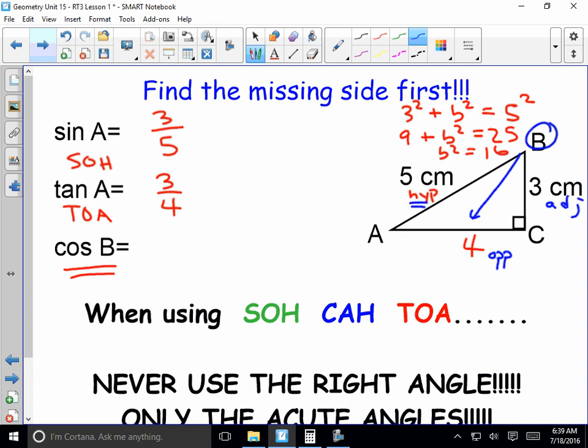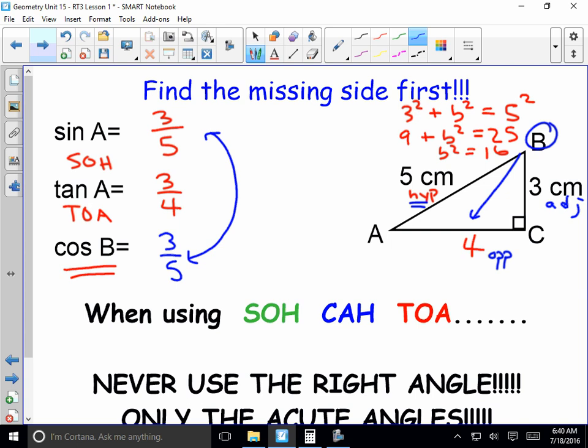Notice the hypotenuse didn't change. It's always locked in. So for the cosine of B, cosine is adjacent 3 over hypotenuse 5.